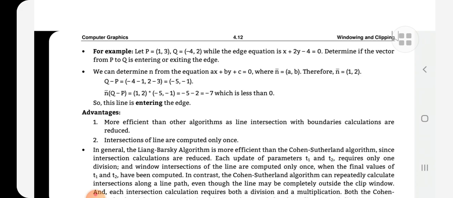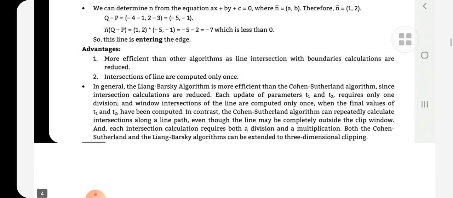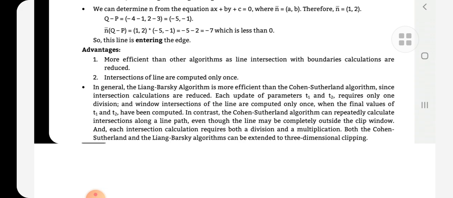Then we have to enter the value of q minus p, and take the dot product of n with q minus p, which gives the answer minus 0, which is less than 0.